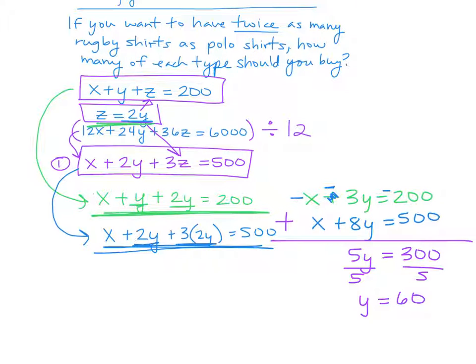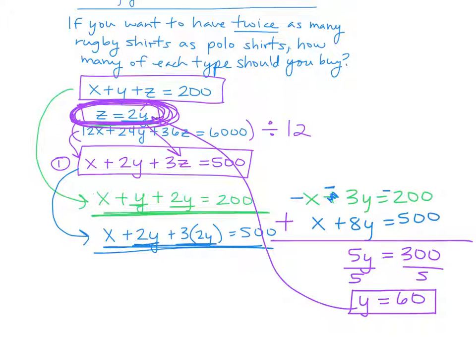What does that mean? I need 60 polos, 60 of that type of shirt. Okay, hold on. So Z equals 2Y. That was up here, right? So we can take that Y and plug it in. So Z equals 2 times 60, which means Z is 120.